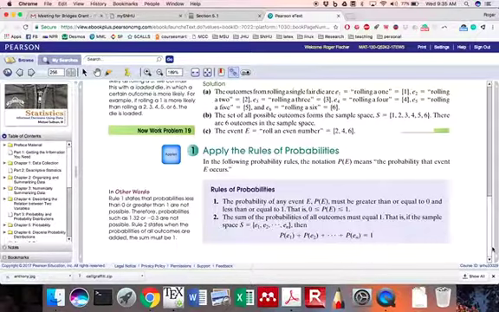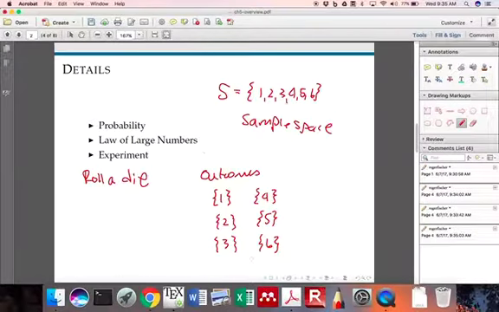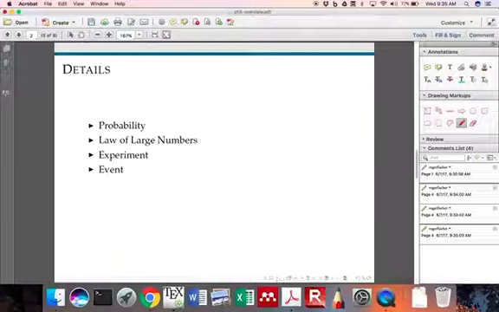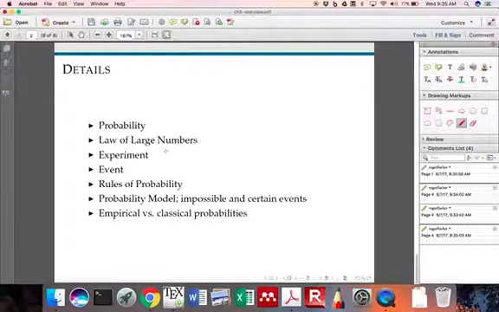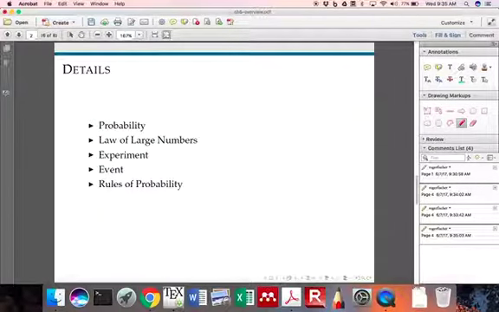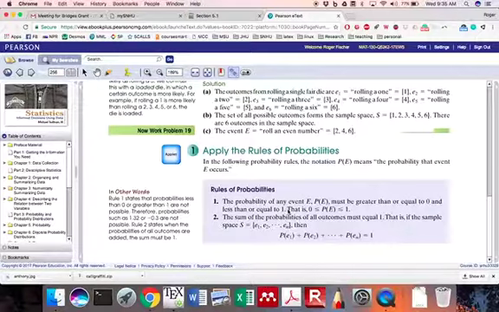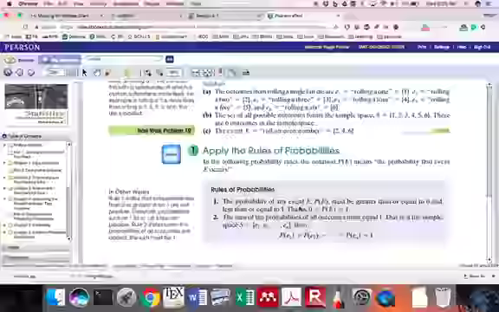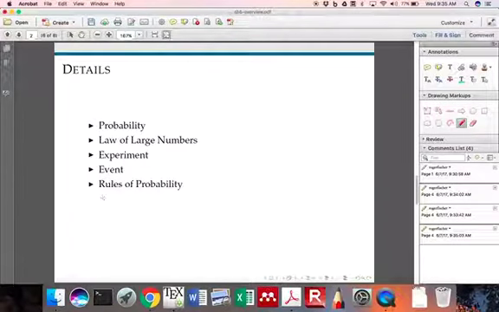So now you might be wondering, what sort of numbers make sense in terms of probability? I didn't mean to go that far. There we go. Well, one rule is that the probability of any event must be greater than or equal to 0 and less than or equal to 1. So let E be any event.